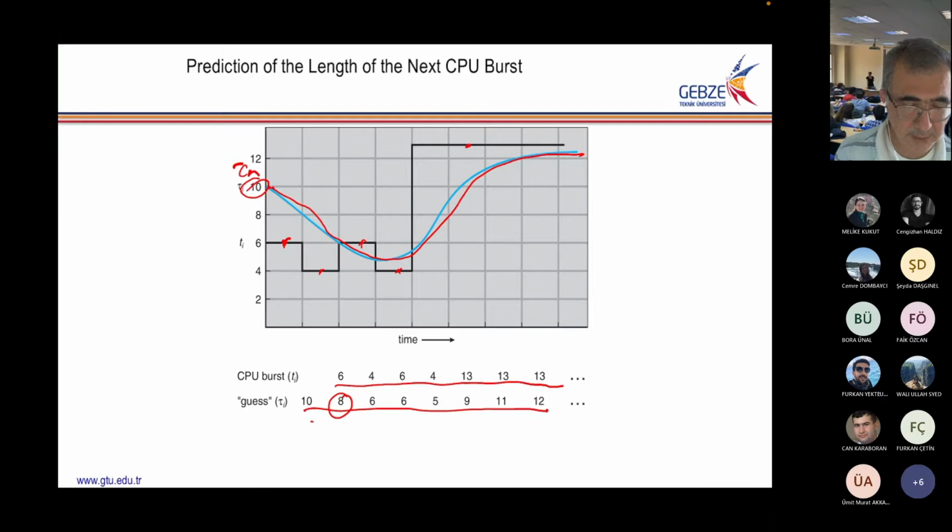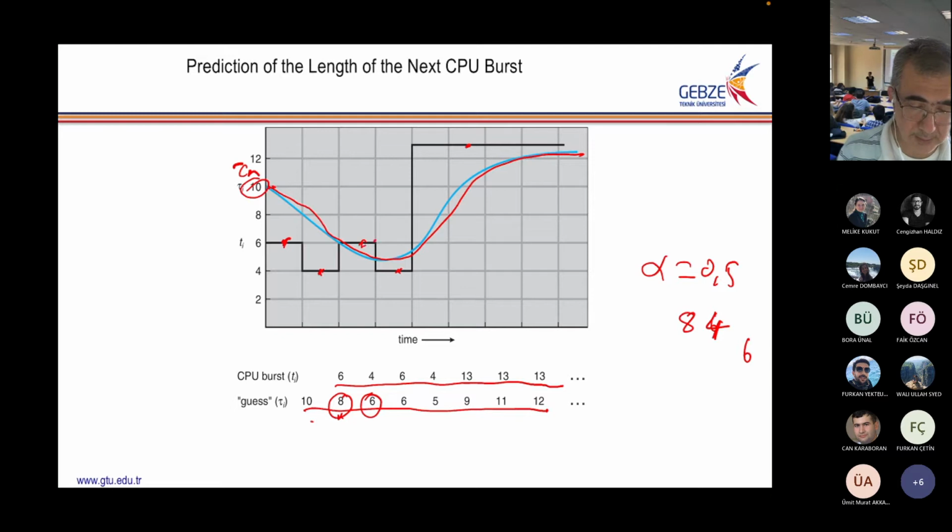6 plus 10, with alpha 0.5. 6 plus 10 is 16 over 2. That's 8. Then 8 plus 4, 12 over 2. It is 6. 6 is here.